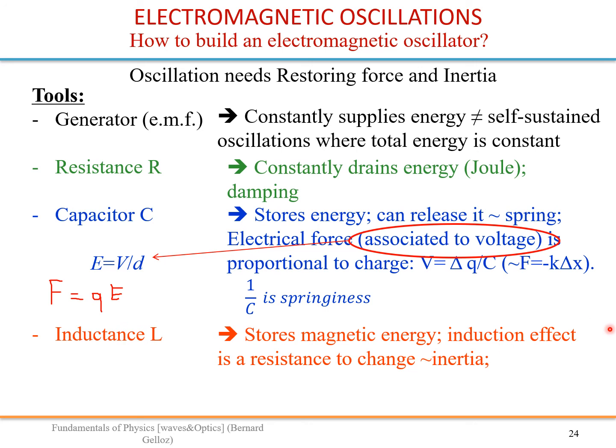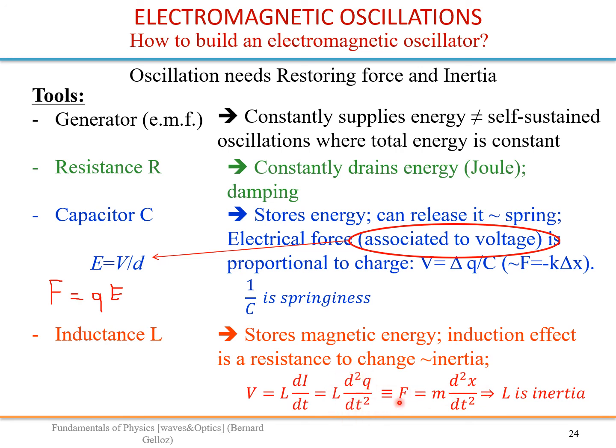Again, we can look at an analogy between the mechanical oscillator and the electrical oscillator. For the mechanical one, we have F equal ma, where m was the inertia. Now we can look at the voltage across an inductance. It is L di/dt, where I is the current, and I is also the derivative of Q with respect to t, so you can write it like this.